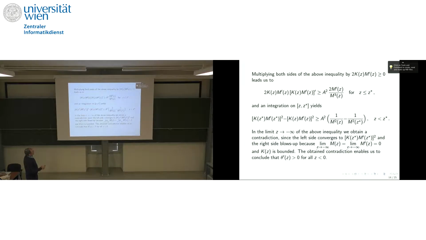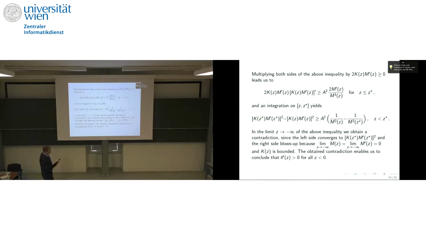On the other hand, if you look here, the right side will blow up because of this. This is finite and this blows up. So this is infinity and this is finite, so you cannot have it.